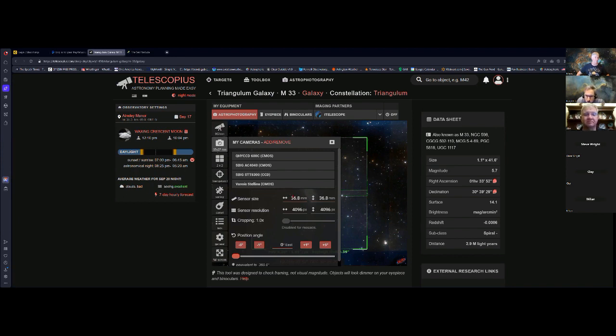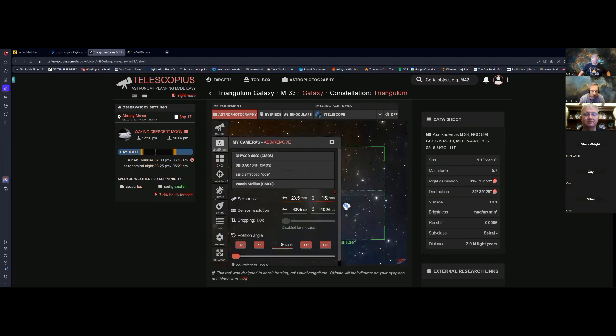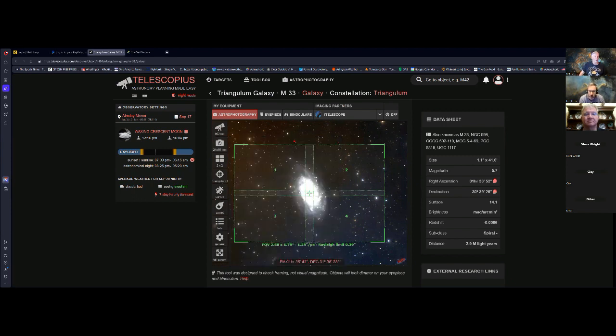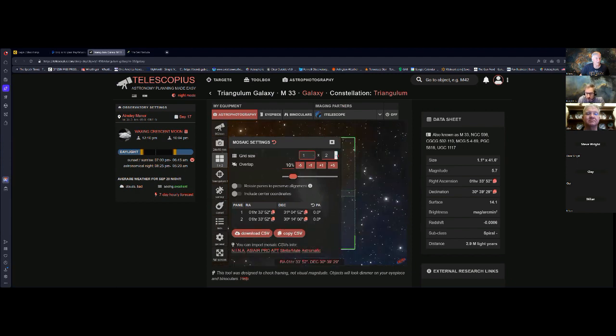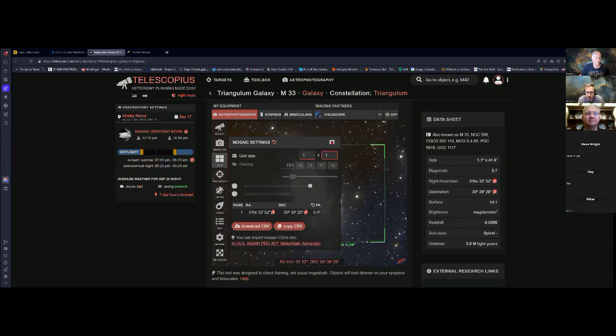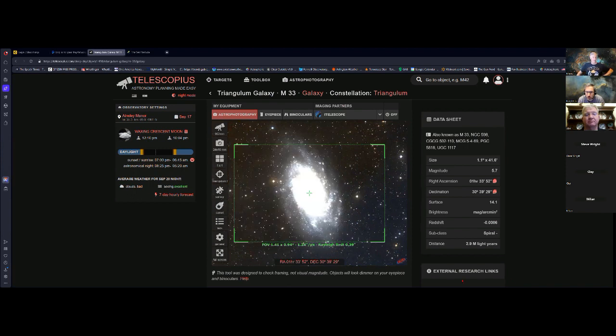That is 23.5 by 15.7. You'd almost have to do a mosaic too to get all of it in. It fits like dead on. Okay. And then if you rotate that, yeah. You can do that.